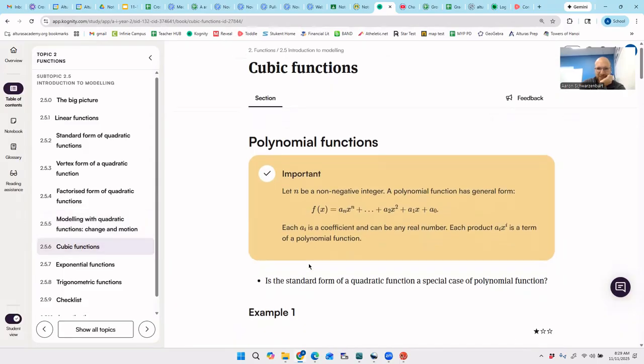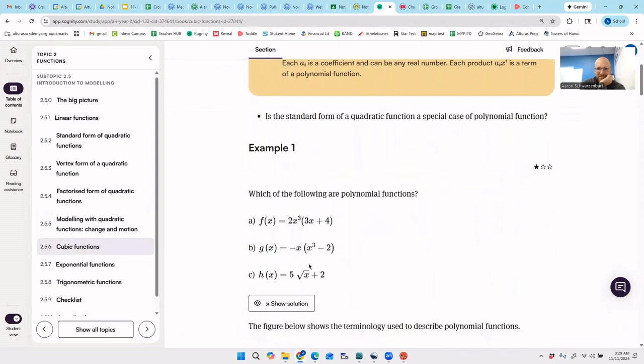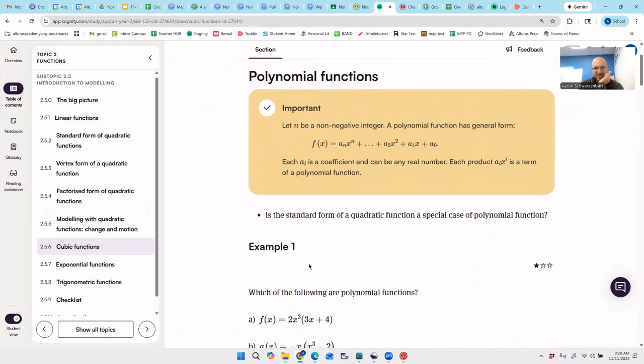Okay, now we're on to cubic functions. So a polynomial is going to be any polynomial. What's the key to a polynomial? The exponents are whole numbers.